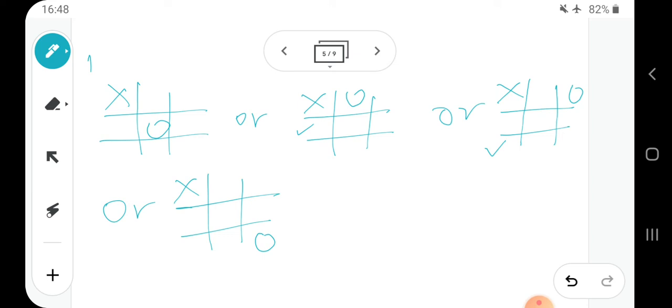And finally, there is one more option: if the second player opts here, then this is also similar to this position.